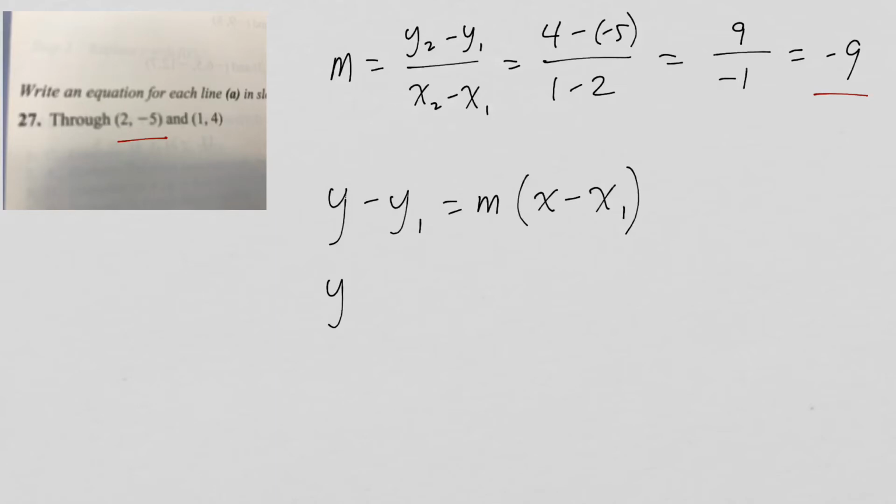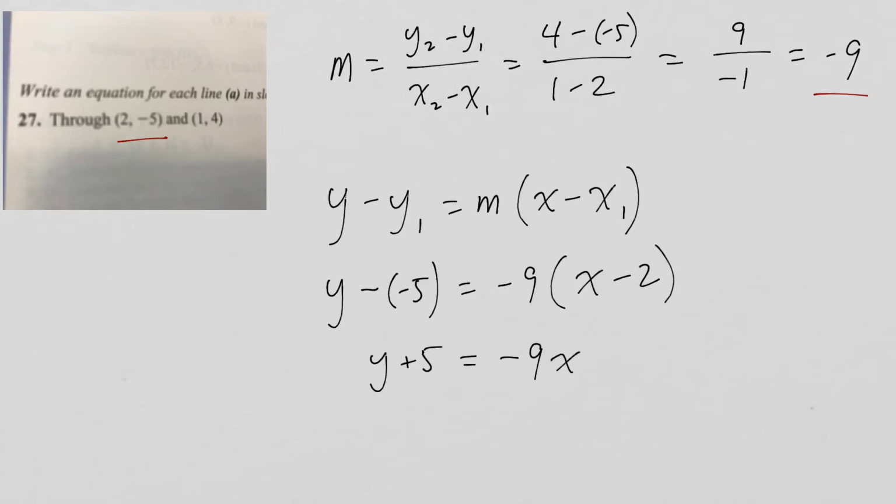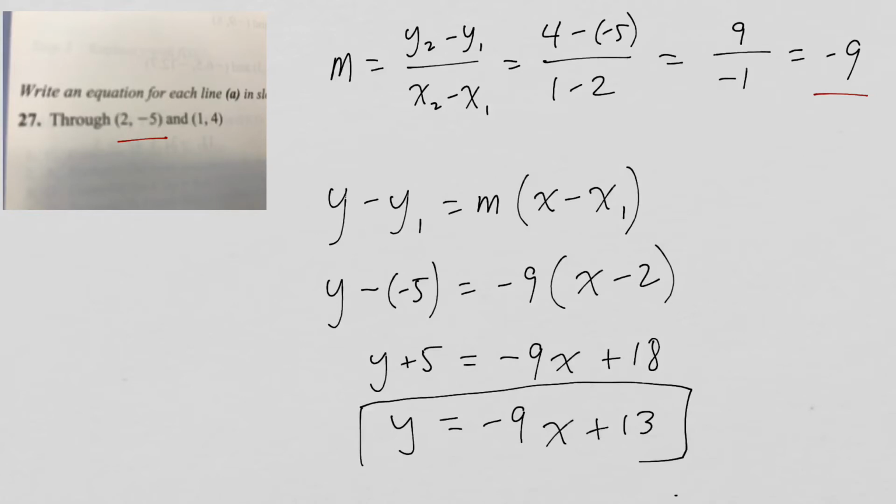So y minus -5 is equal to -9 times x minus 2. So y plus 5 is equal to -9x plus 18. So y is equal to -9x plus 13. That's slope-intercept form.